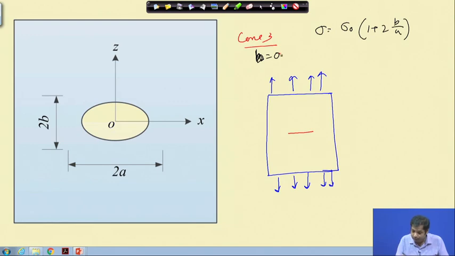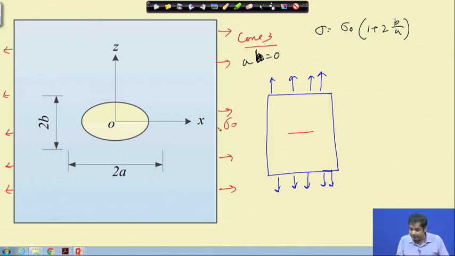Now, in this case when a becomes 0, the load is applied, if we compare with the previous case, like this. The way we derived this equation, let us consider the load in the same way. Load is applying like this. This is sigma 0.